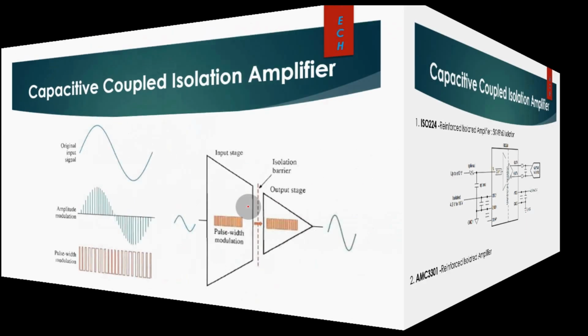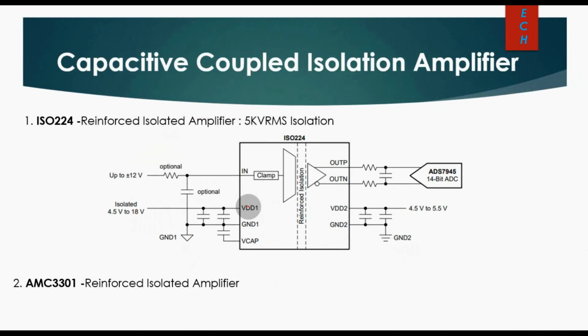All right, now let us see some real time parts which are available in the market. So let us say ISO224. So this is a reinforced isolated amplifier which is giving a 5 kV RMS isolation between its input signal and output signal, right? Then we have second example here. This is AMC3301, that is also a reinforced isolated capacitive coupling amplifier, right?